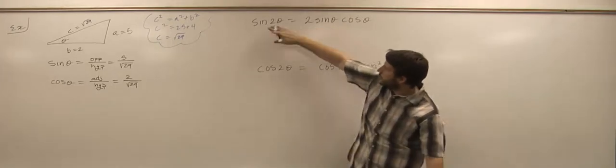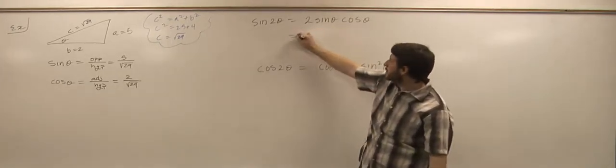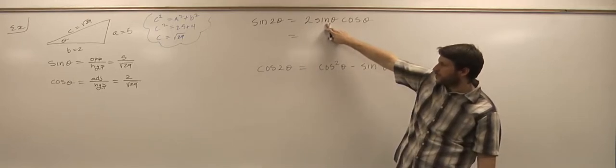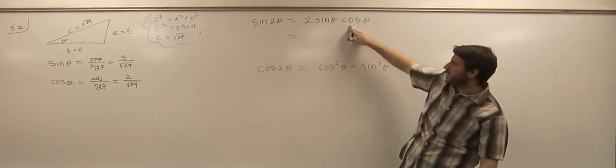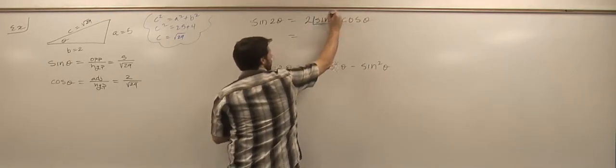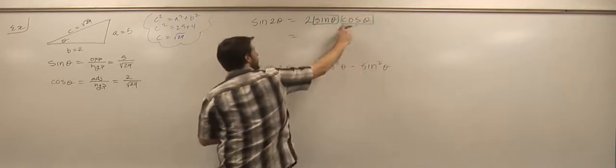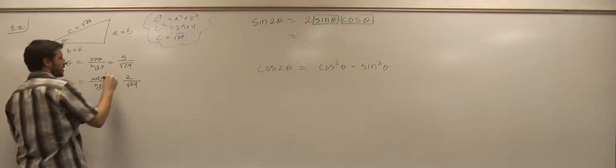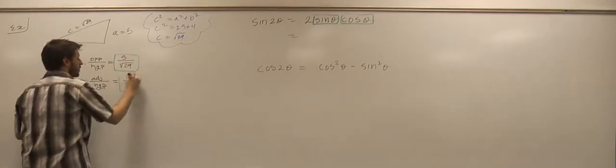So in order to do sine 2 theta, what do I plug in here? 5 over root 29, and here 2 over root 29. Right? I know what both of these are now. And knowing what both of these are allows me to figure out what sine of 2 theta is.